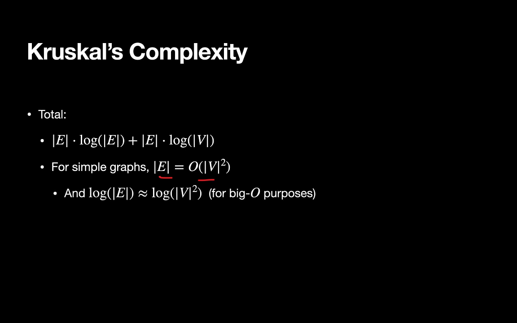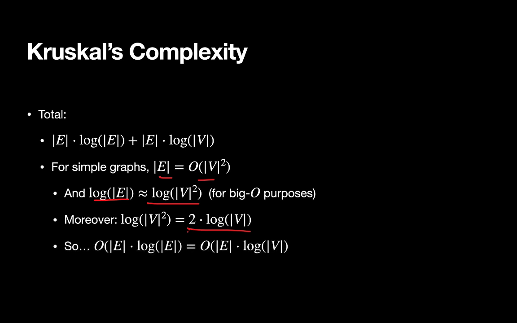If we're thinking in terms of big O notation, we could substitute the log of the number of edges with the log of the number of vertices squared, because it has to be smaller than that. And then, using our rules of logs, we can transform this into 2 times the log of v.